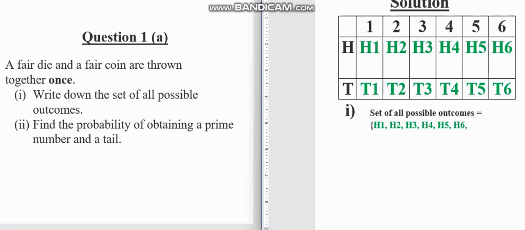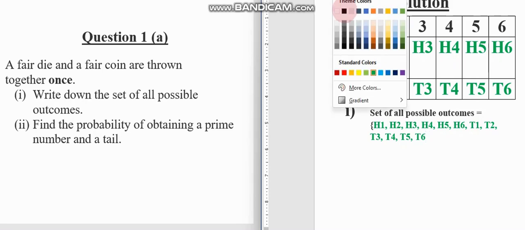then we are coming to T1, comma, T2, comma, T3, comma, T4, comma, T5, comma, T6. Then we close our curly braces.